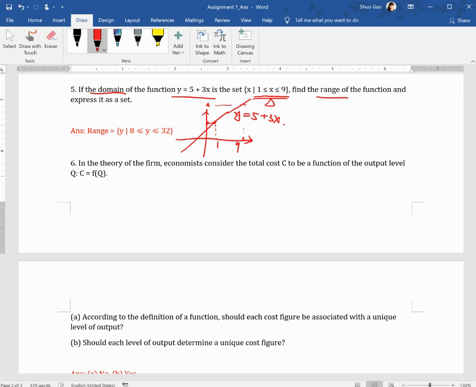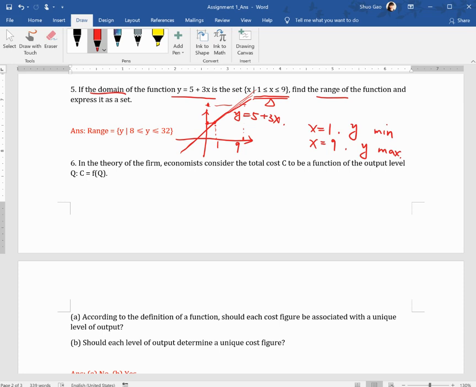Because they are positively related. When x increases, y also increases, because it's an upward sloping line. So when x equals 1, y has the minimum, right? When x equals 9, y has the maximum.